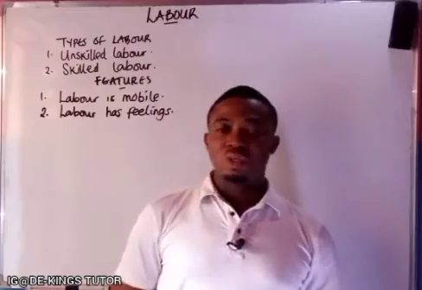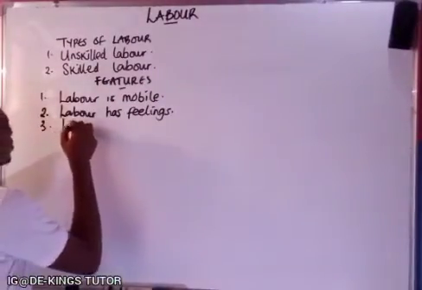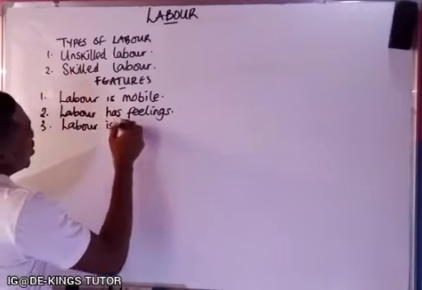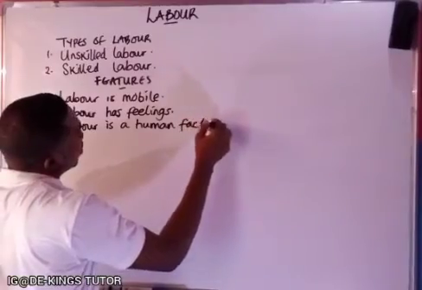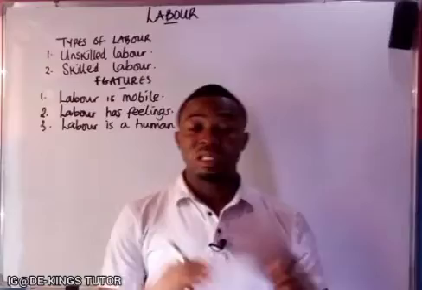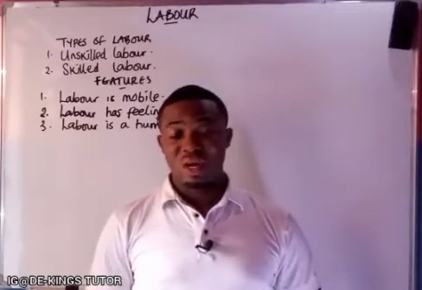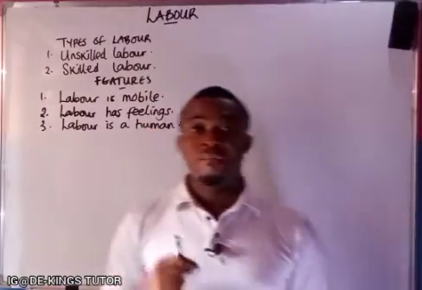The third one: labor is a human factor. Like I said before, labor is one of the human factors in the factors of production. That is why we said it has feelings.